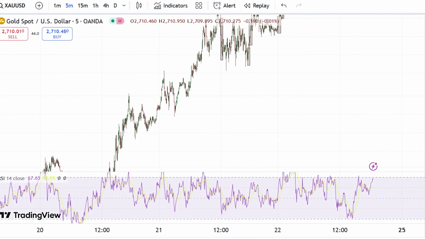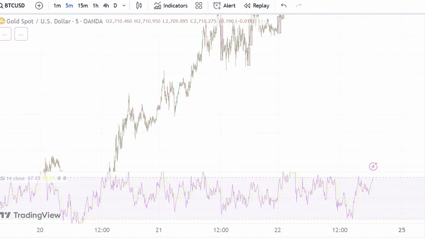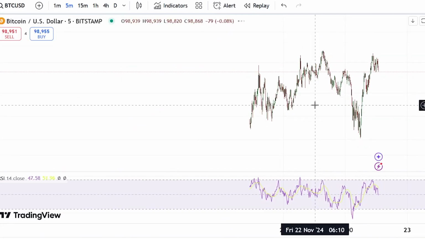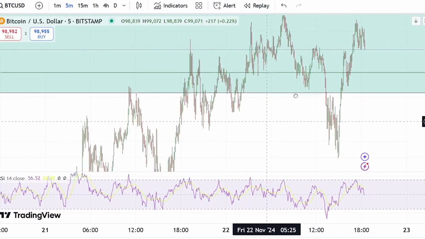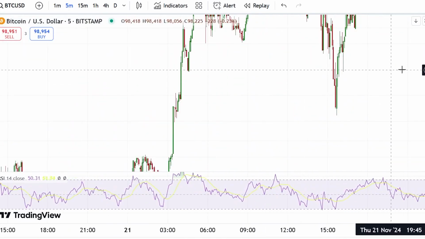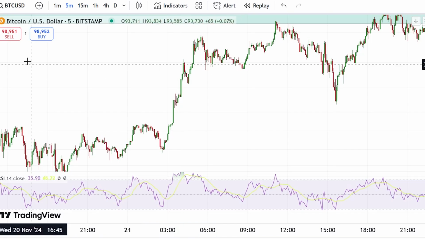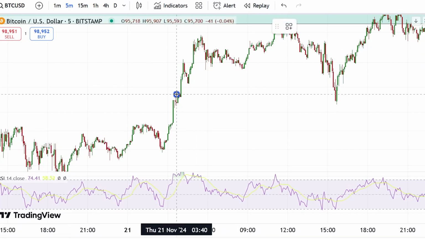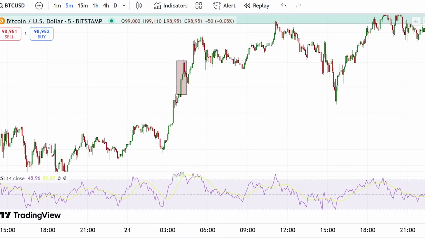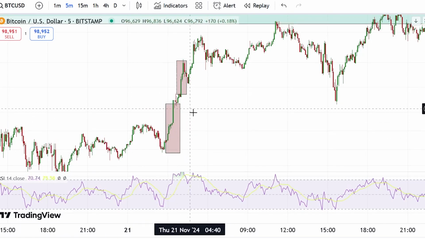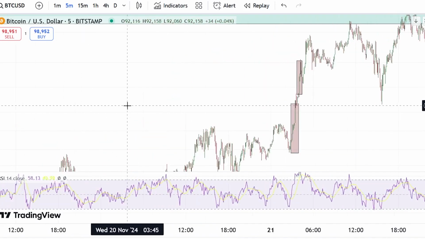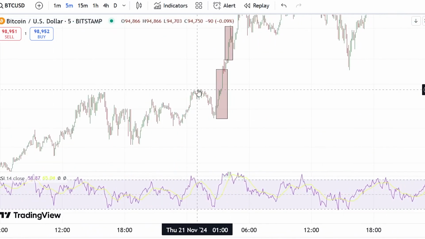You also can go on cryptocurrencies, for example, like Bitcoin. In all the assets, you can find these structures. So here, for example, on Bitcoin, you see spikes here, strong candles, breakouts. Then, when you found them, try to find also the zone which is broken by them.